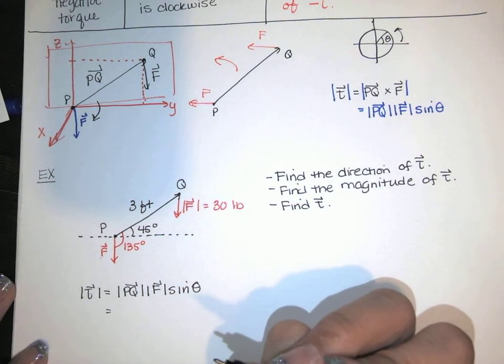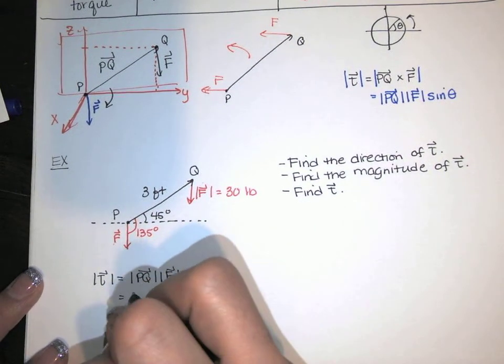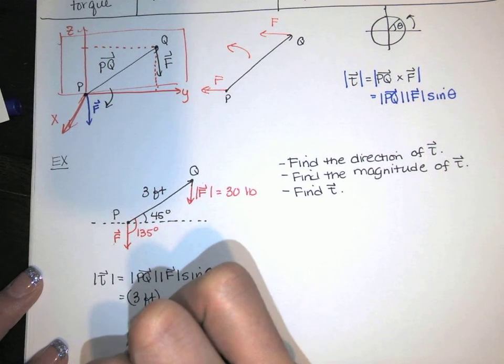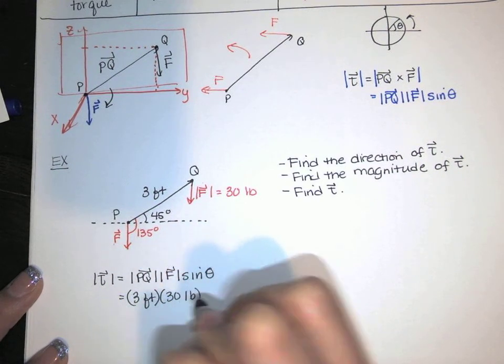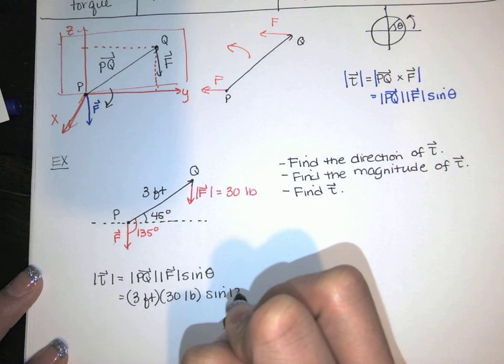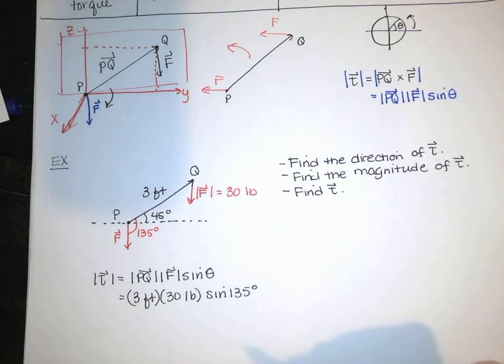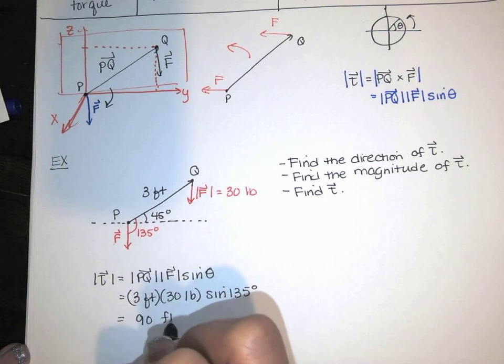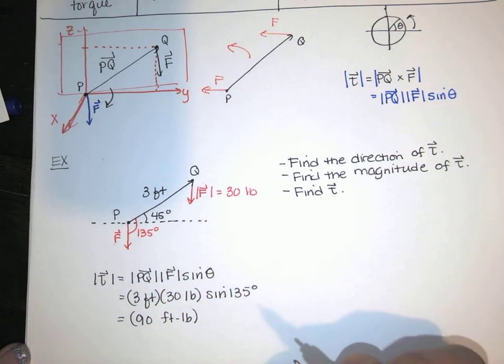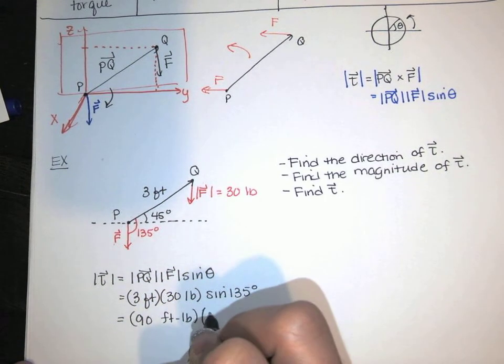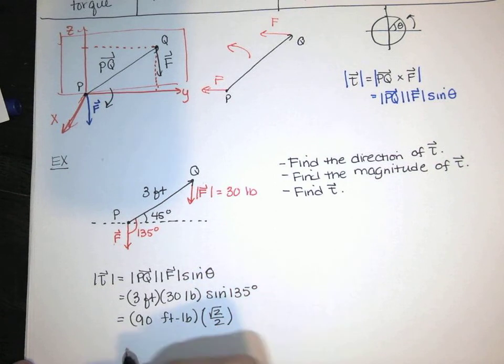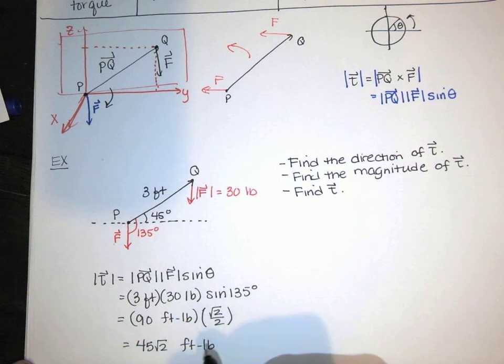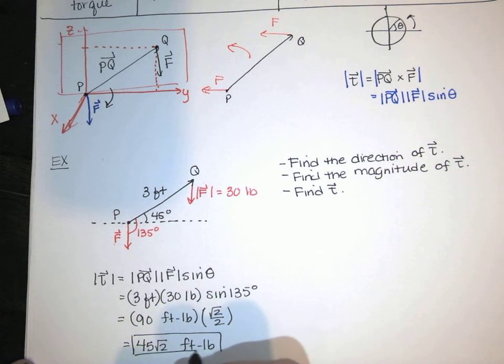So we get 3 feet times our 30 pounds of force times the sine of 135 degrees. And so we get 90 foot-pounds, and sine of 135, I believe, is square root of 2 over 2. So we get 45 times the square root of 2 foot-pounds, or we could use our calculators to get a decimal approximation, which we probably would because it's a physics problem.